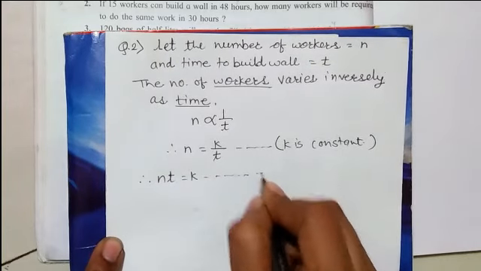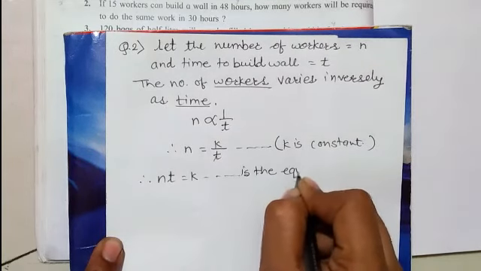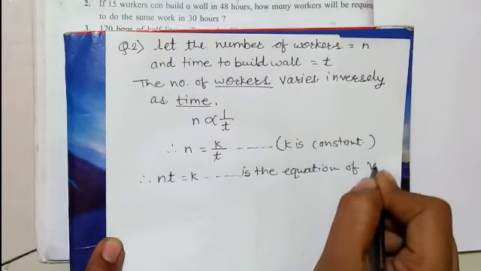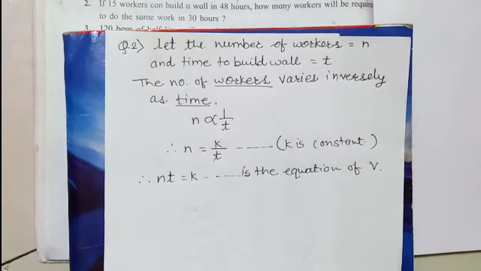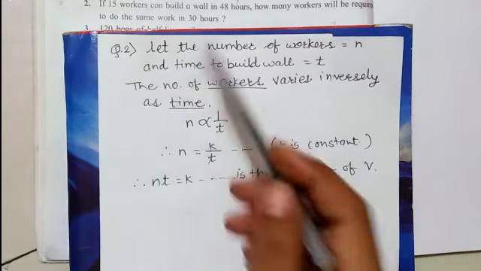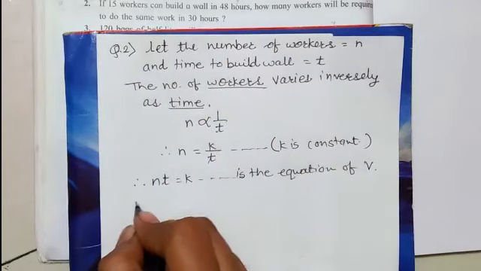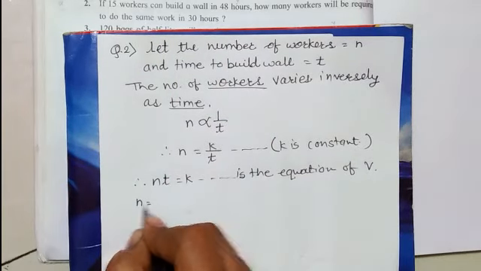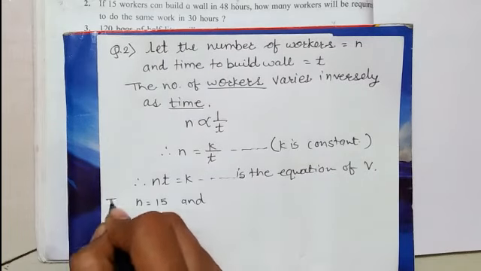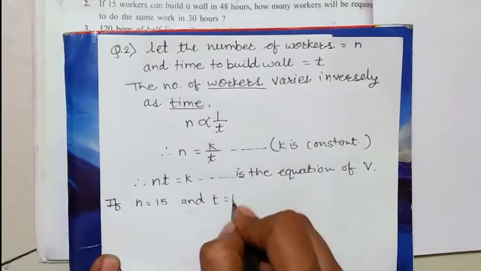This is the equation of variation. As we know the figures, put the first figures into the equation. 15 workers can build a wall. It means n is equal to 15 and t is equal to 48 hours.